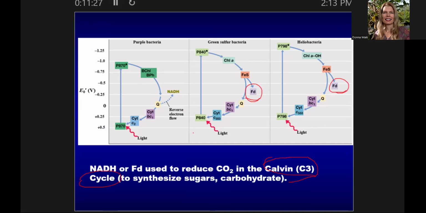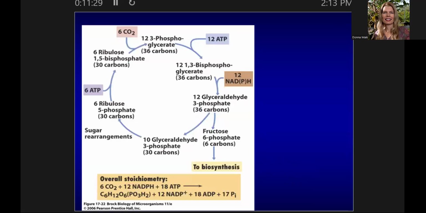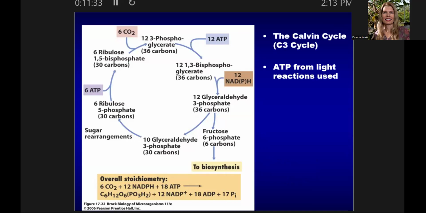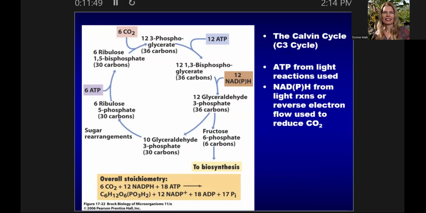So that's one reason why I'm showing that. So I'm not going to ask you to memorize this in any way other than to know that the Calvin cycle is part 2 of photosynthesis. You got to use some ATP from the light reactions for key steps of it, and NADH or NADPH as well.